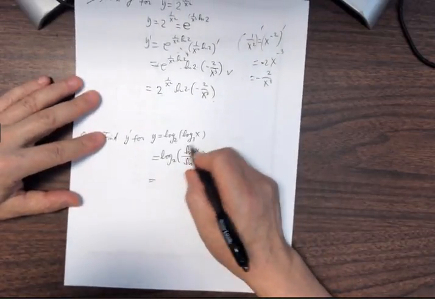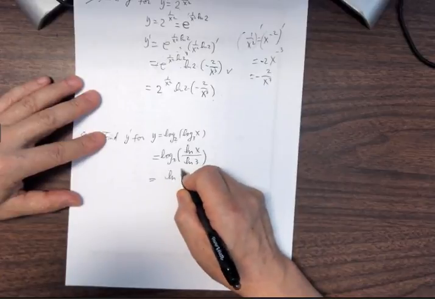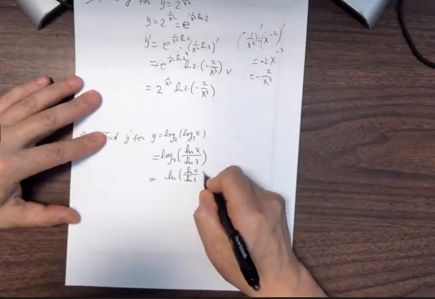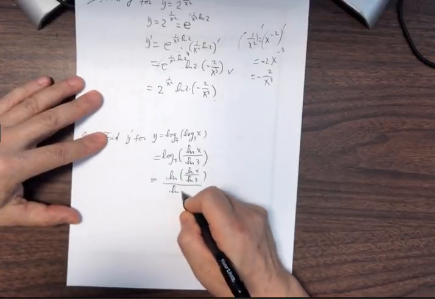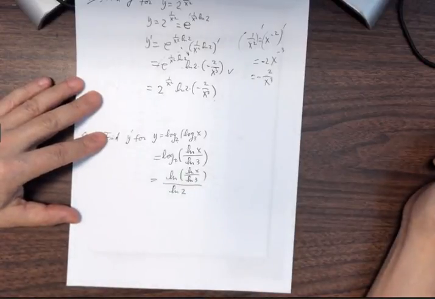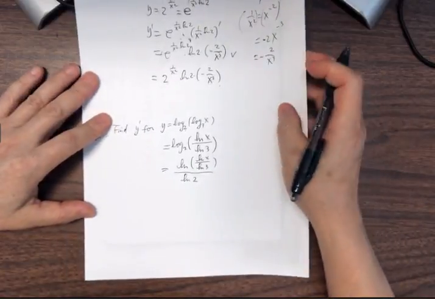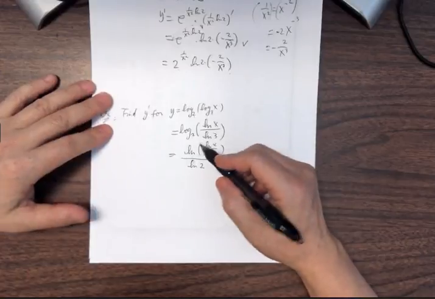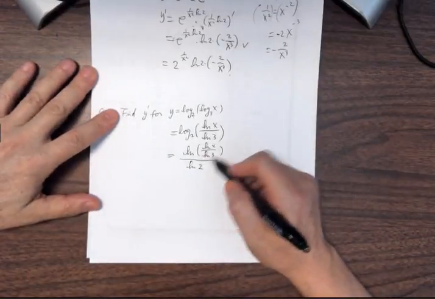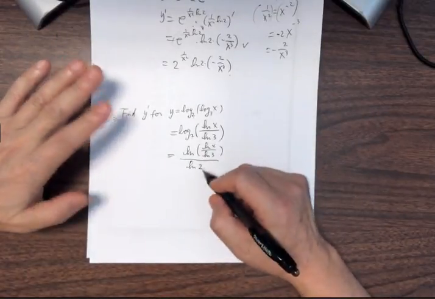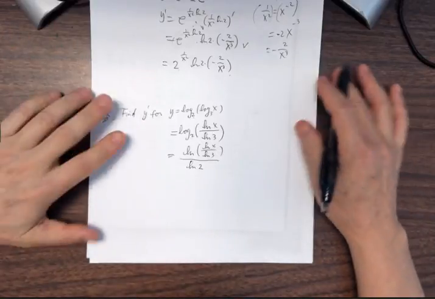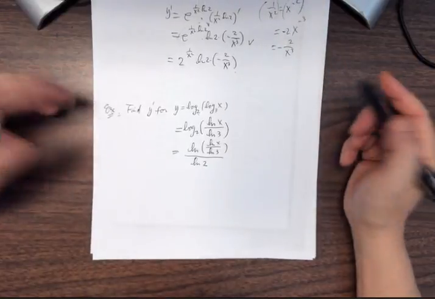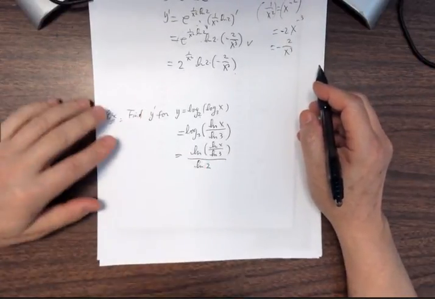Similarly, we're going to have log of the inside over log of the original base. So what we have now is a fraction involving only natural log everywhere, but that's okay. A lot of them are constants. Okay, so we could differentiate now.